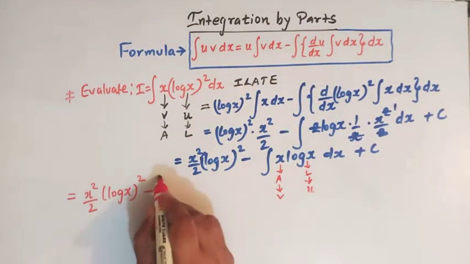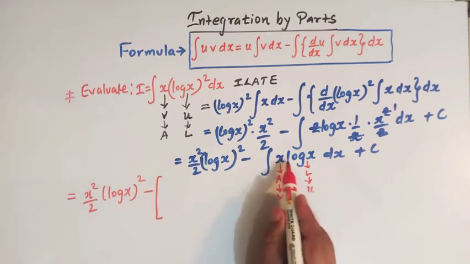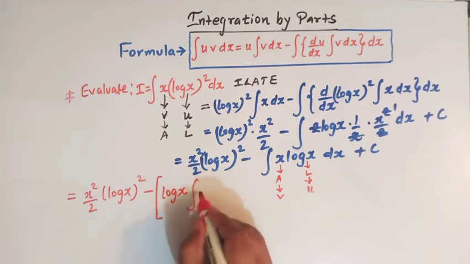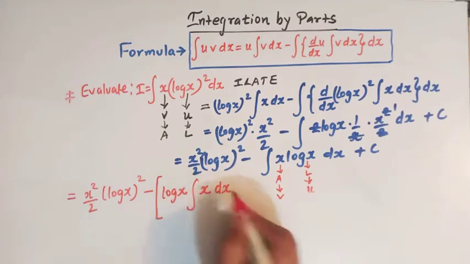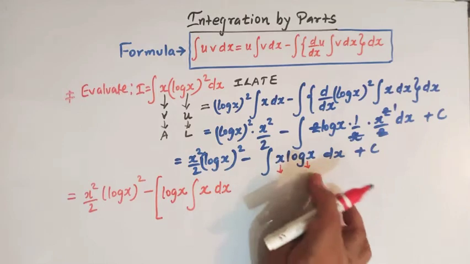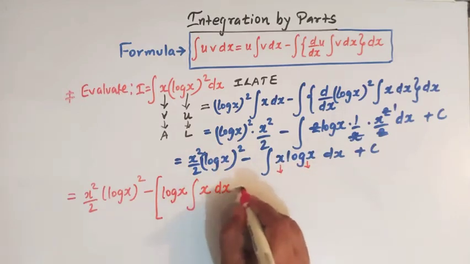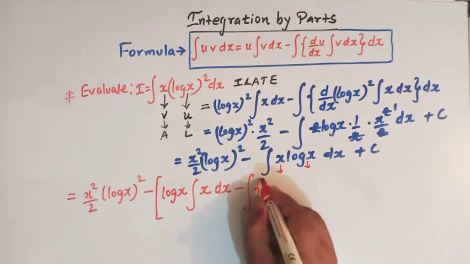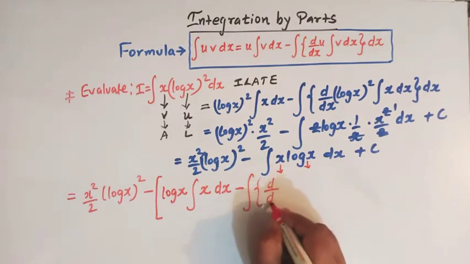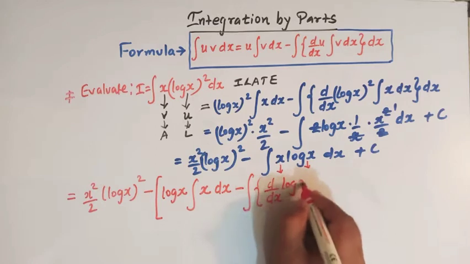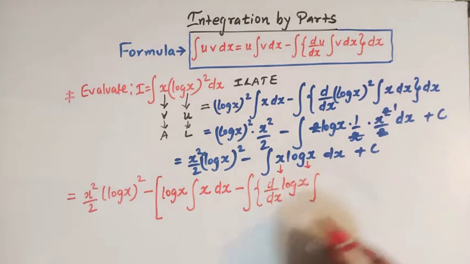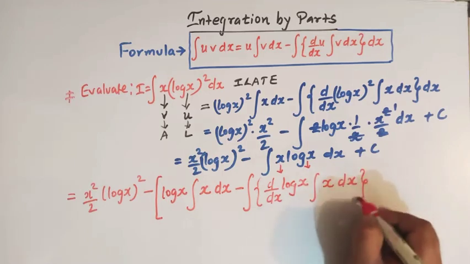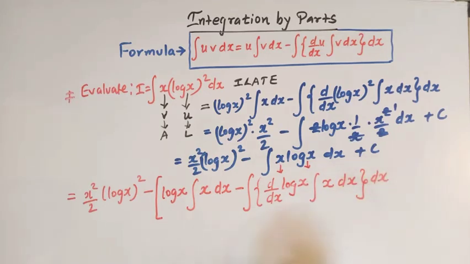So this is minus, and this is the first function, that is log x, integral of x, then we have minus, here integral sign, then we have the derivative of log x, and then we have the integral of x, and here we have dx, right?